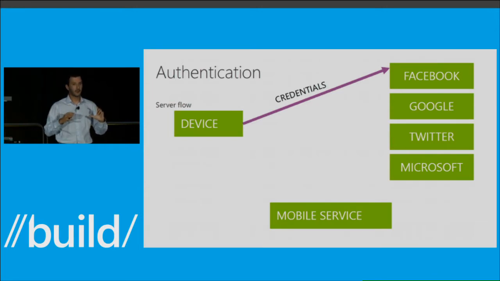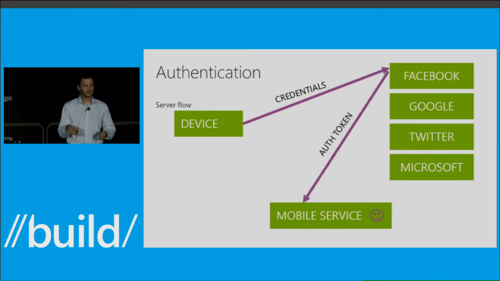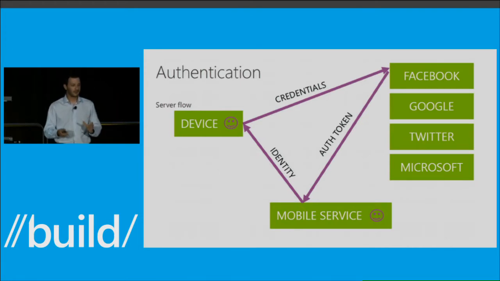That gives the auth provider your credentials. Then the auth provider is going to get back to mobile services and send us the authentication token. So now mobile services knows who you are on the server, and then we'll send you back the authentication token. So now you have the user's identity both on the client and on the server. So you have this user ID property you can now use to authorize people on the server and to authenticate them on the client. So that's very, very simple.